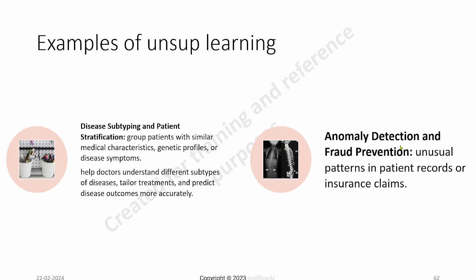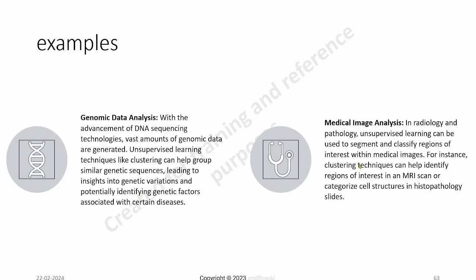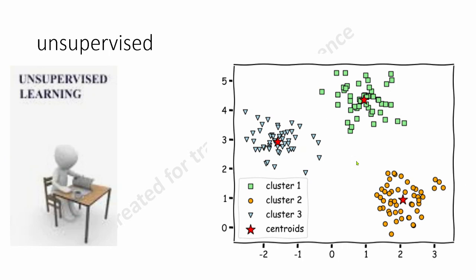Anomaly detection is another useful example of unsupervised learning. Let's say the machine knows about the normal MRI or X-rays, and then you're presented with, unfortunately, a patient's MRI which has some problem, then we can use the unsupervised model to say that this is an anomaly.